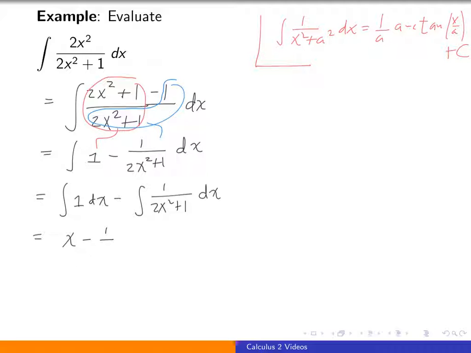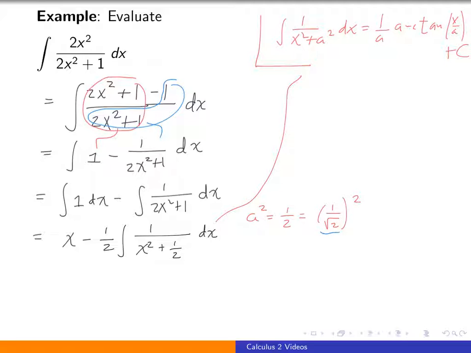If we pull a 2 out of the bottom, we have to rewrite the 1 as 2 times 1/2. So it's going to be x squared plus 1/2. Now it's exactly in the form that we see above, where our a squared is equal to 1/2, which is really 1 over root 2, squared. So 1 over root 2 is our value of a.